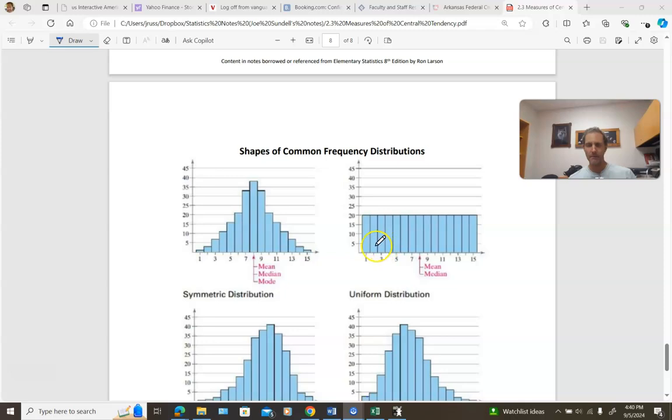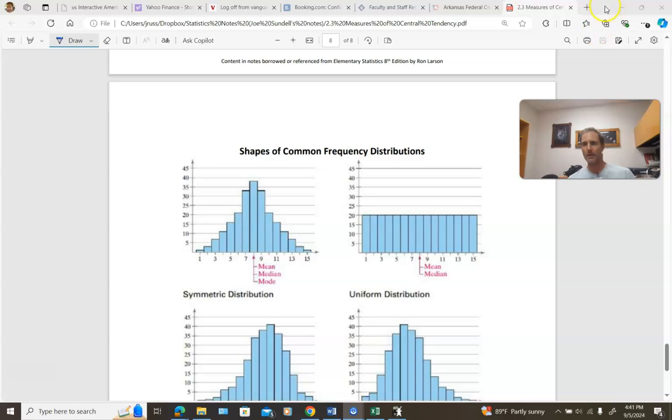This might represent the last digit in a social security number for a whole bunch of people. You would expect a random distribution of digits there, and that's where you get a uniform distribution like this. So it is symmetric, and consequently the mean and the median are going to be close to the center.